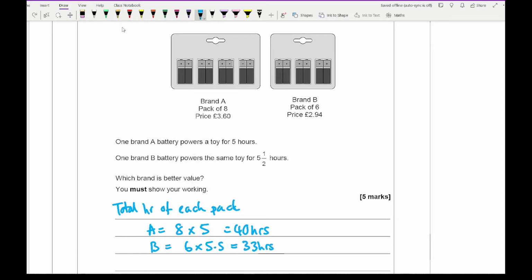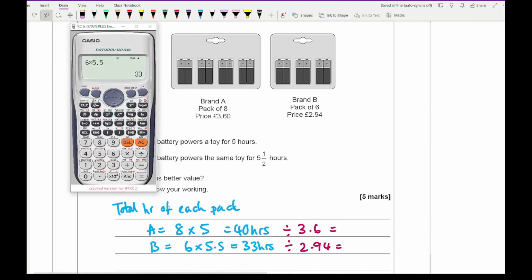Now I'm going to divide each of these by the price, to work out how many hours I'm getting per pound. So this is going to be divided by £3.60 and this by £2.94. The better value is whichever gives the higher answer.